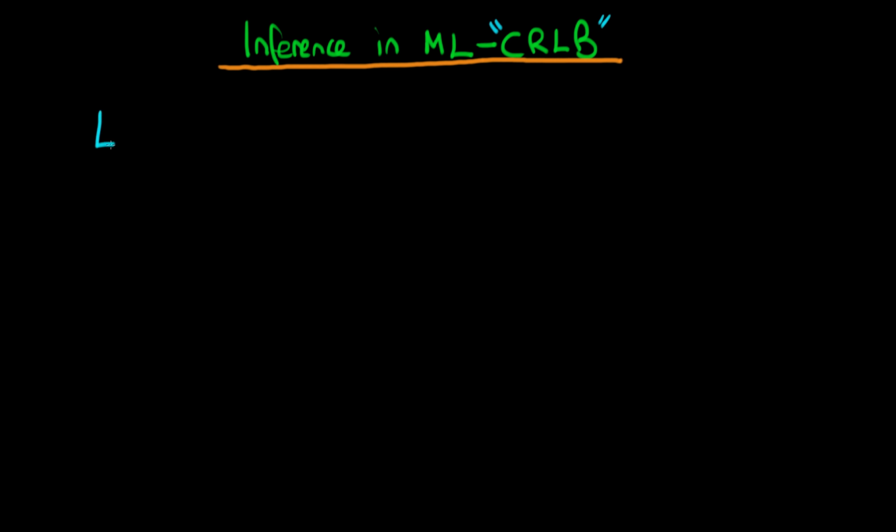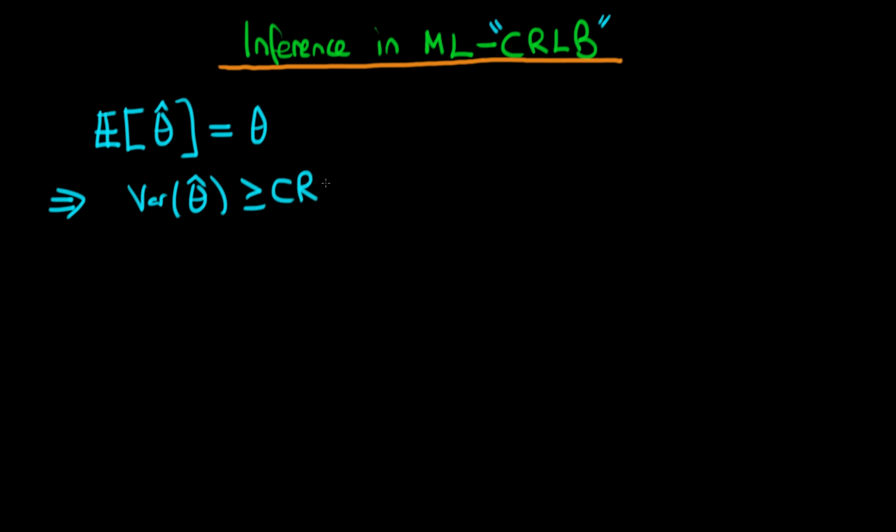Okay, so if we have an unbiased estimator, in other words, the expectation of our estimator theta hat is equal to the true population parameter theta, then it is possible to show for any estimator that the variance of our estimator theta hat is always greater than or equal to the Cramer-Rao lower bound.